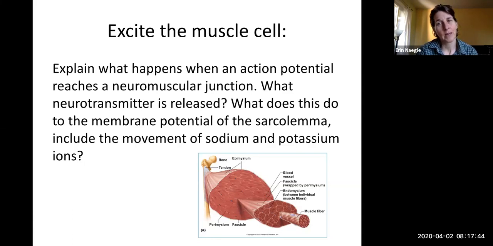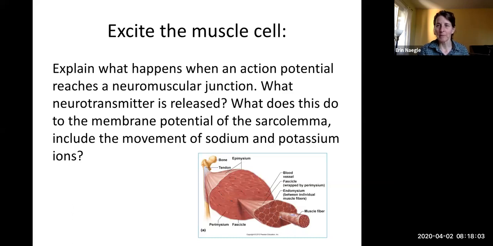Is it going to depolarize it or hyperpolarize it? Yeah, it's going to depolarize it, right? Similar to the neuron.